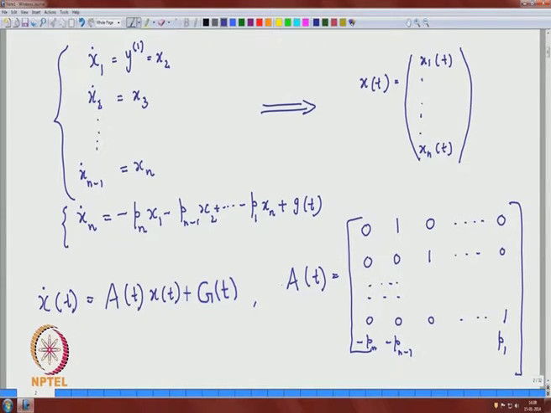If you multiply A(t) into x(t), you will have this kind of system.